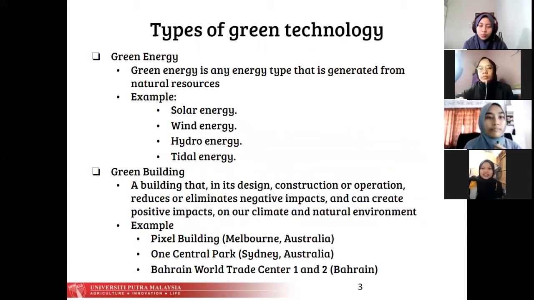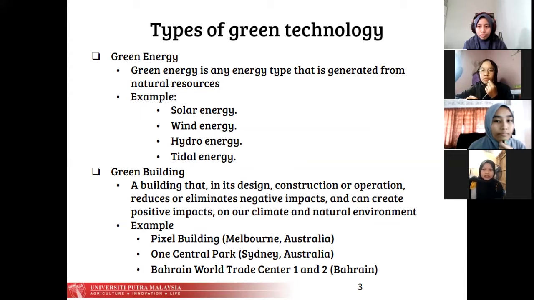Let's continue with the types of green technology. Green energy is any energy type that is generated from natural resources, for example, solar energy, wind energy, hydro energy, and tidal energy.